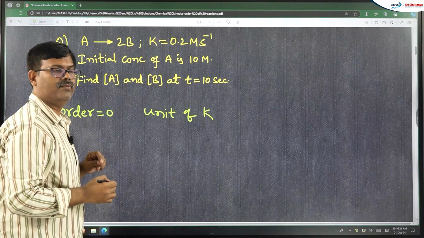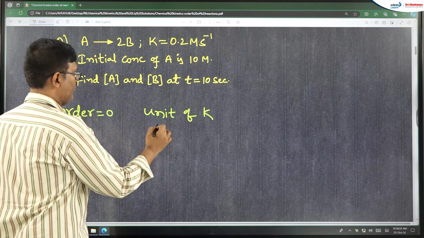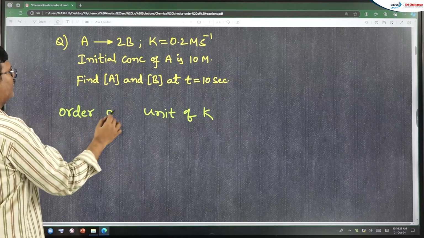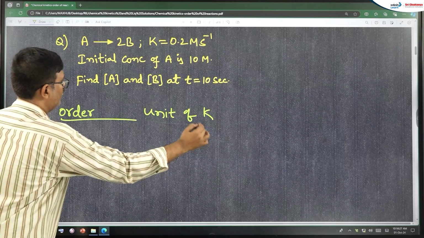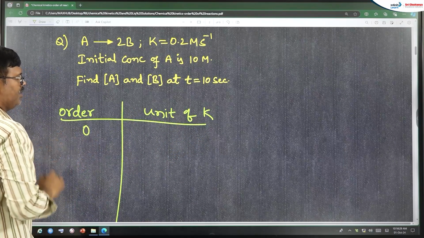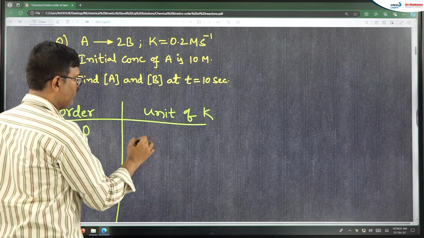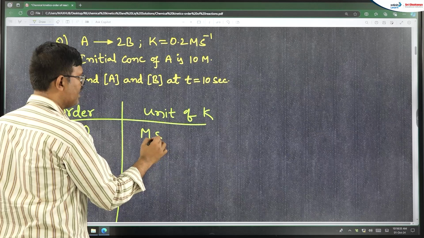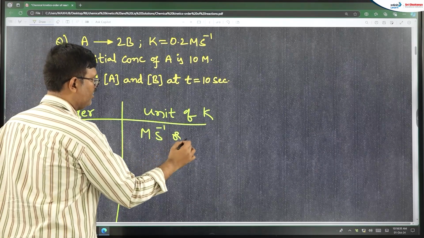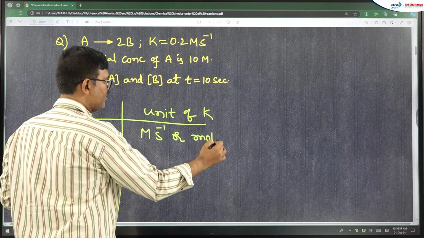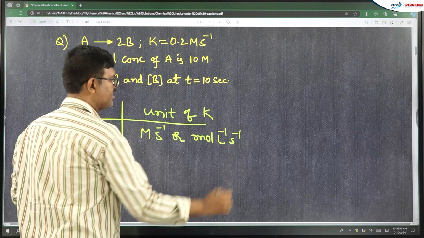Unit of rate constant will be what? If order is 0, the unit of rate constant will be molarity per second, or moles per liter per second.